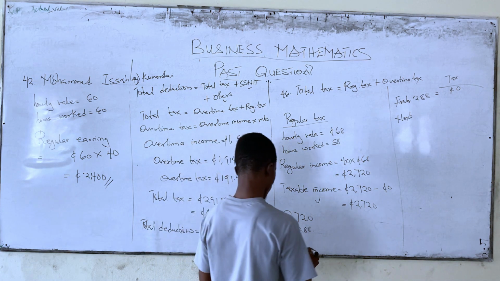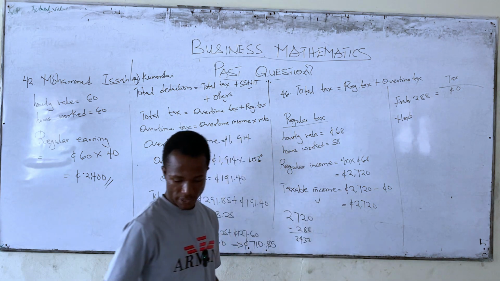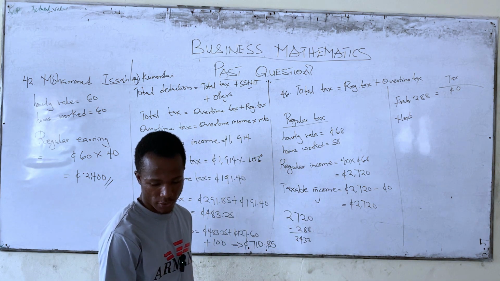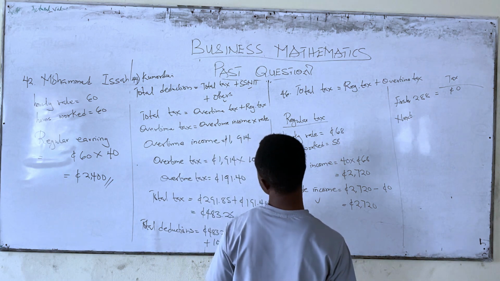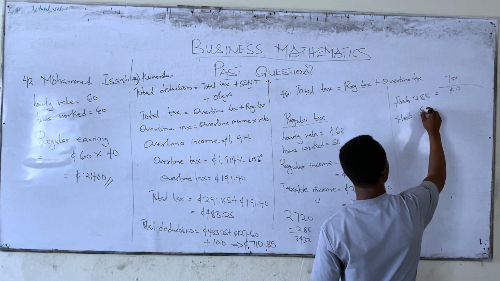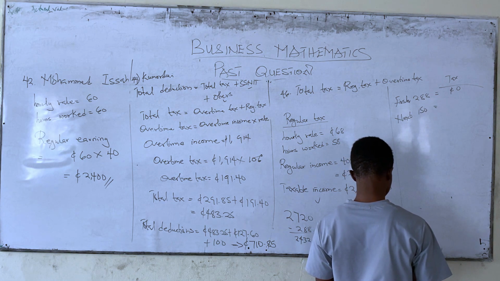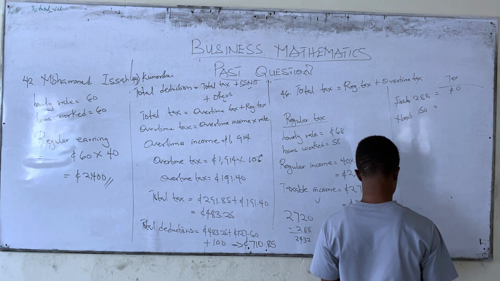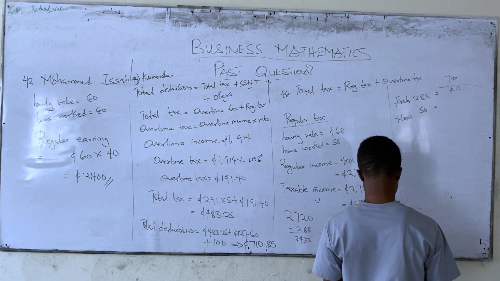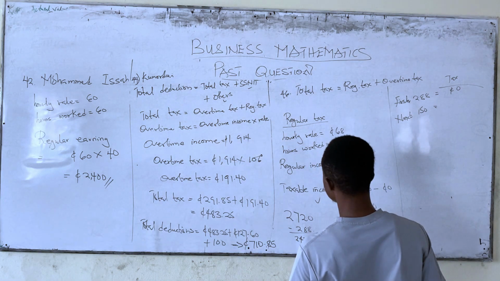We have 2432 left. For the next one, it is 150 times 5%, right? I've cleaned that one. So 150 times 5%. I think it was 7.5. Yes, it was 7.5. Where is it? I've cleaned it.